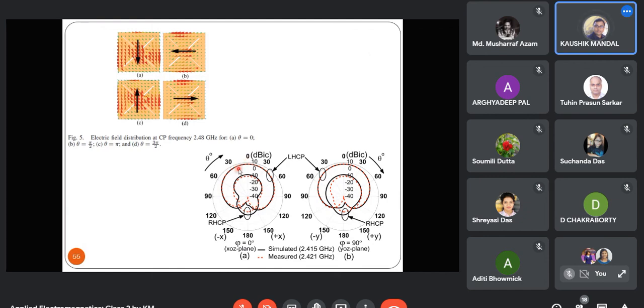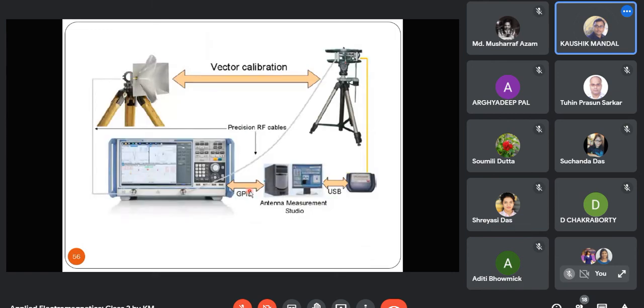So this is at two planes, one is phi equal to 0, that is the E plane, and phi equal to 90 degrees, that is the H plane. Now I have included this particular slide just to show you the experimental setup for different antenna measurements.